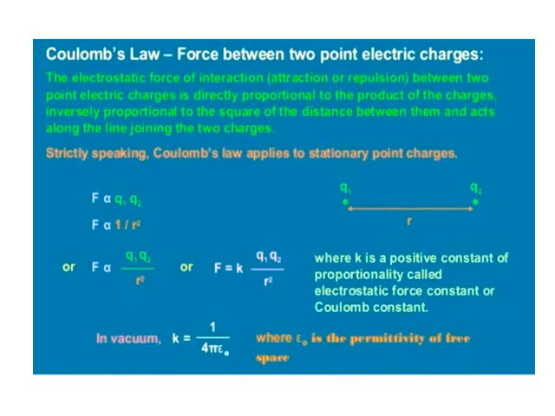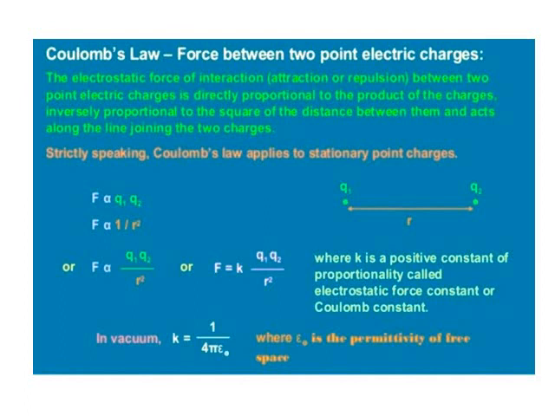Our next topic is Coulomb's law of electric force. French physicist Coulomb experimentally measured the electric forces between small charged spheres and formulated his observation in the form of Coulomb's law, which is the electrical analog of Newton's law of universal gravitation in mechanics that you have studied in class 11th.